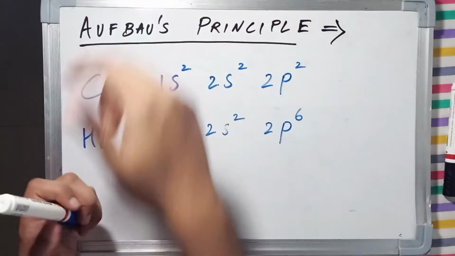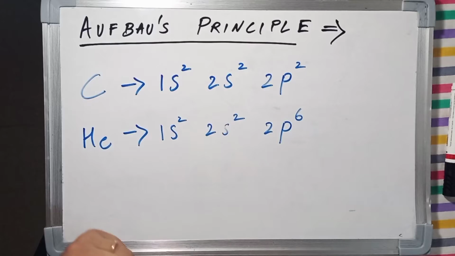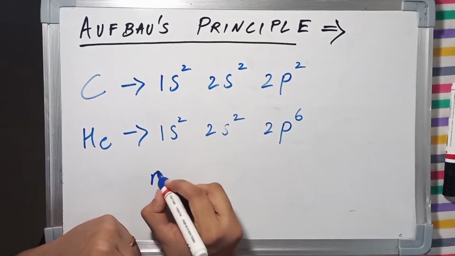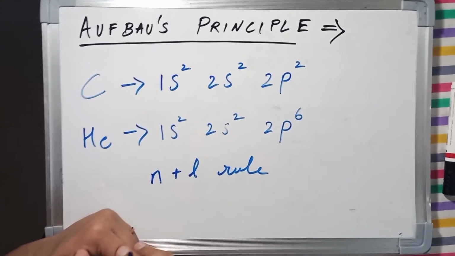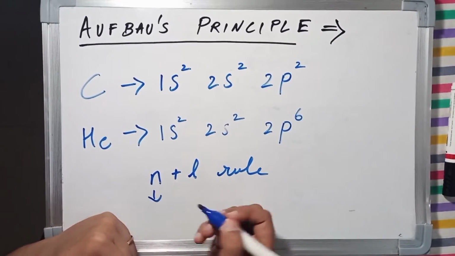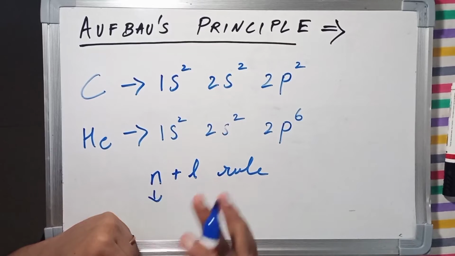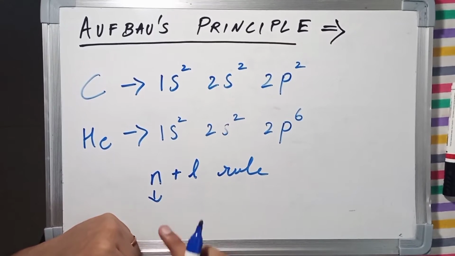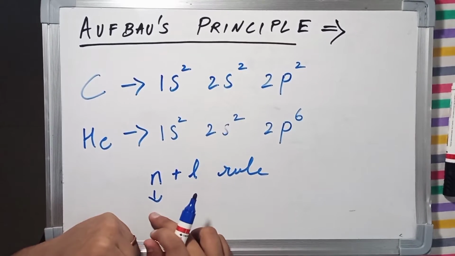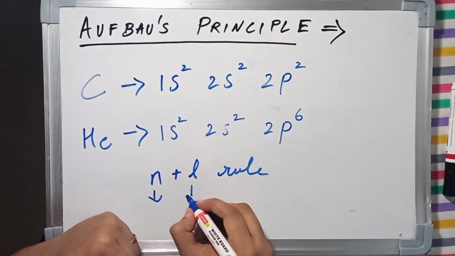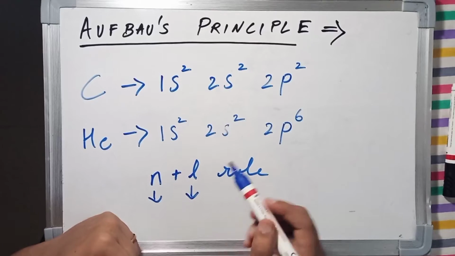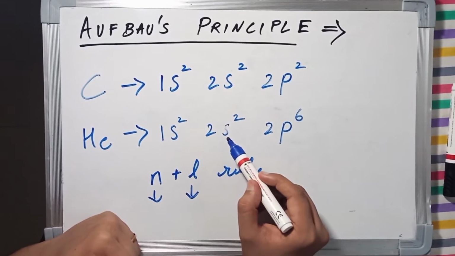Now how are the energy levels determined? It is determined by the n plus l rule. Here n is the principal quantum number, or vaguely you can say that n represents the orbit number, and l is the azimuthal quantum number, which represents the value of subshells.